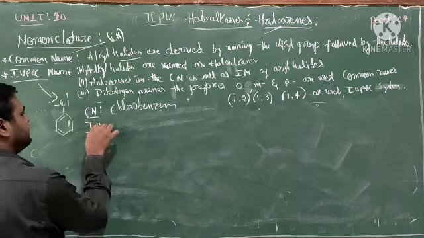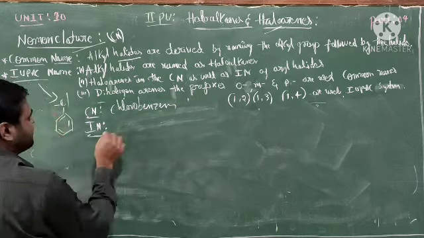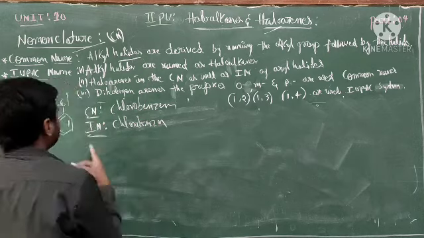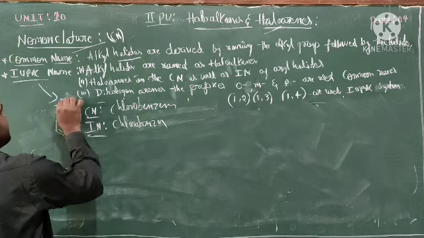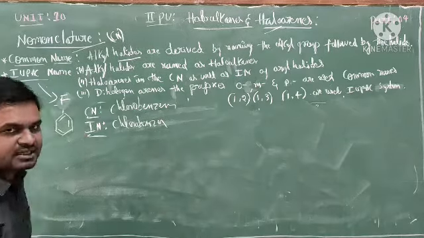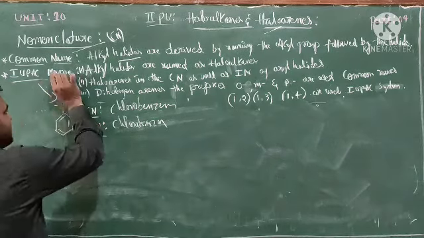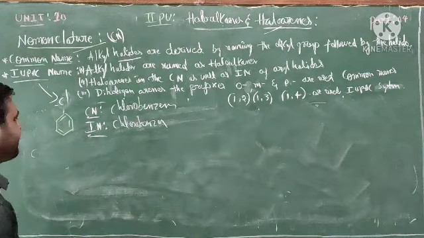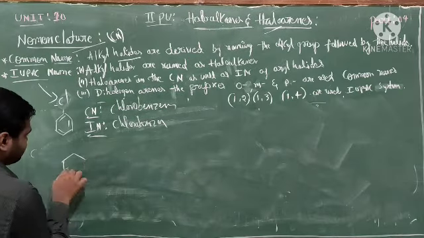What about the IUPAC name? It's also chlorobenzene. If you replace the chlorine with bromine, it is bromobenzene; with fluorine, fluorobenzene; and with iodine, iodobenzene. So, next example.